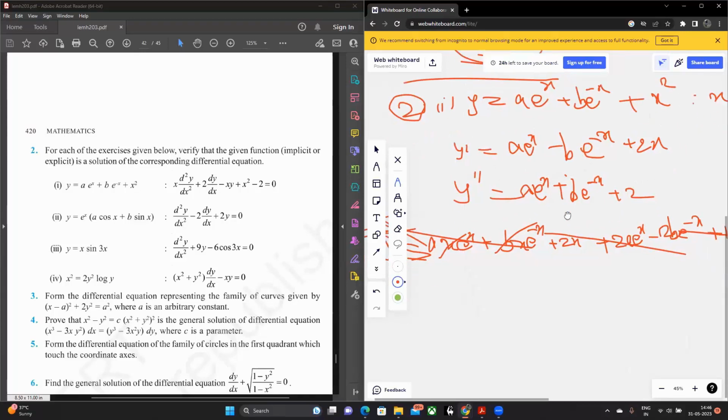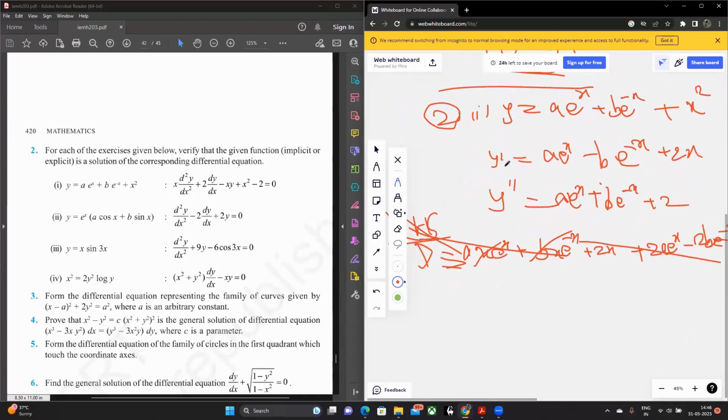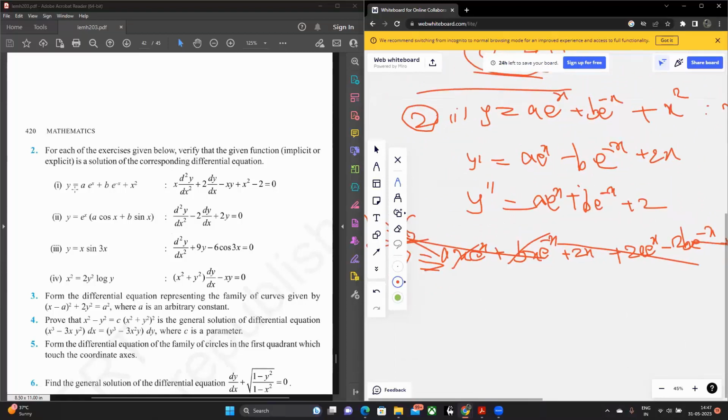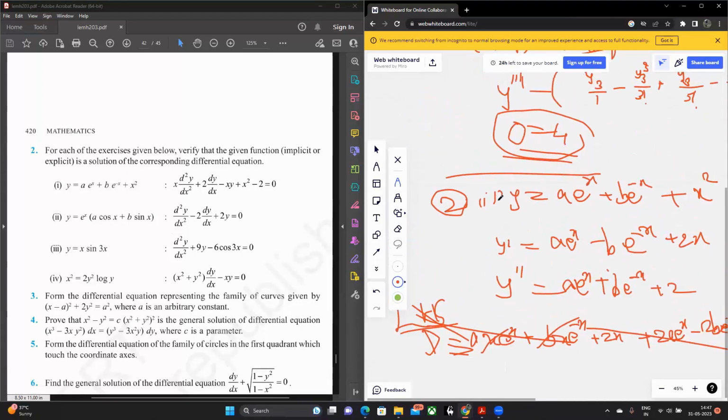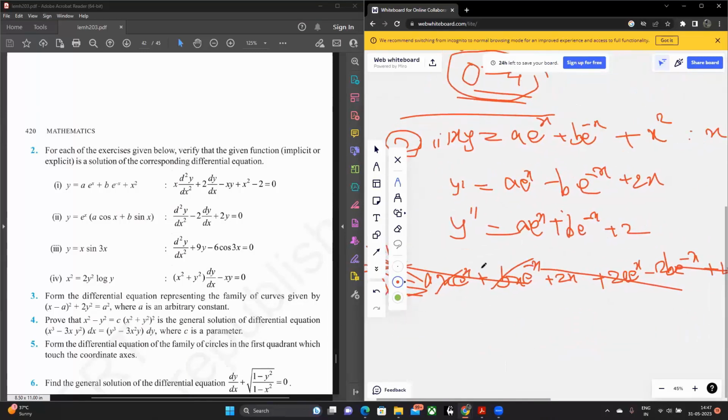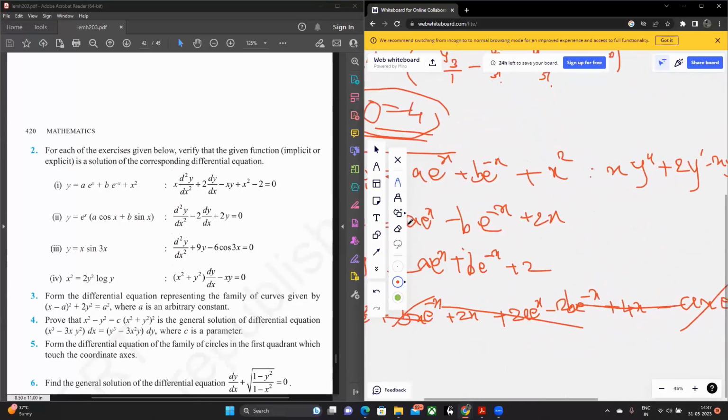Wait, is there a printing mistake over here? I think there's a printing mistake. This over here should be xy, not wrong. It won't ever satisfy the equation.